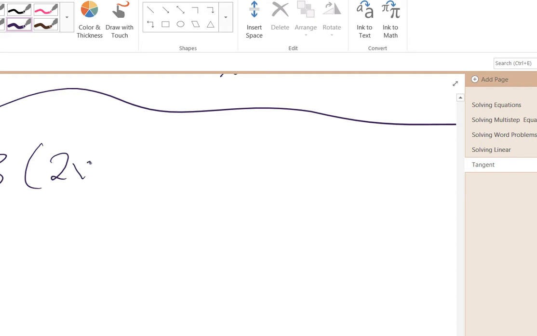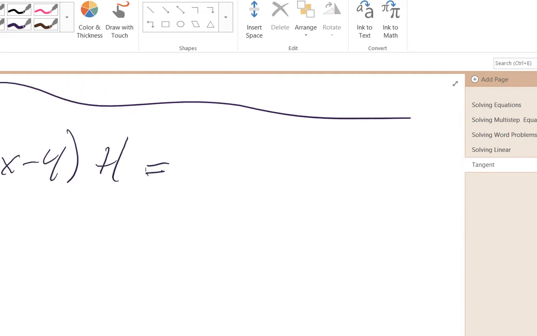Three, 2 minus 4 plus 1 equals 8x minus 2x.